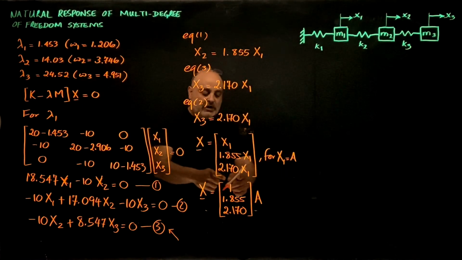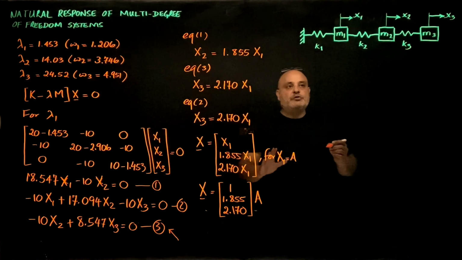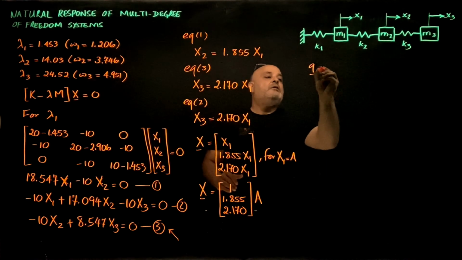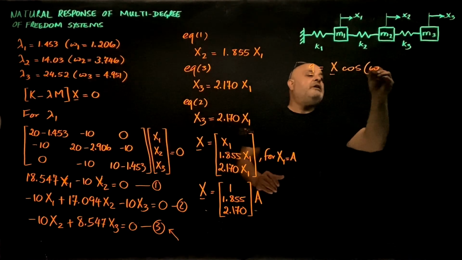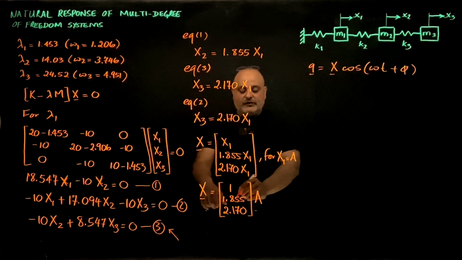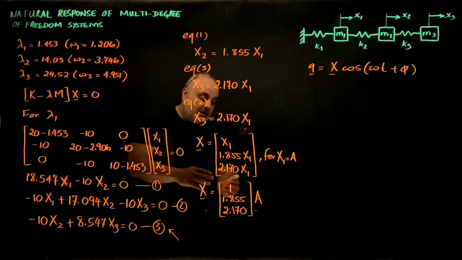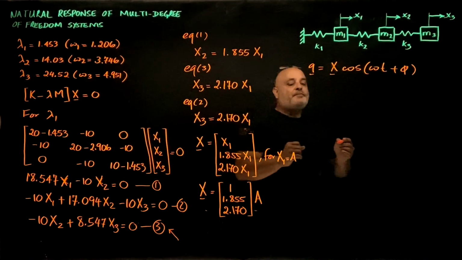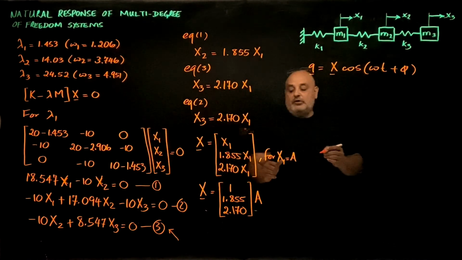This was x1, x2, x3, and recall that the assumed solution was q equals some x cosine (omega t plus phi). So the x vector is the amplitude of the motion, and since these three amplitudes are related, we will call this the mode shape of motion.